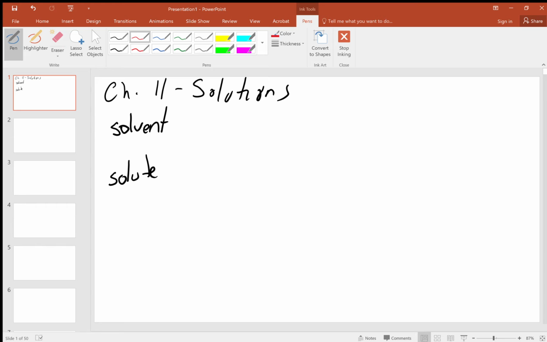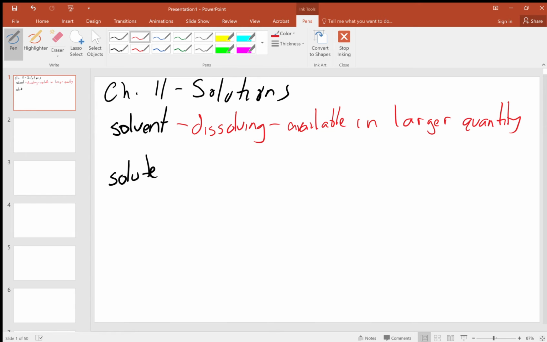The solvent is what does the dissolving, often identified in solutions as the one available in larger quantity, while the solute is what gets dissolved. Usually it's the one that's present in a smaller quantity.